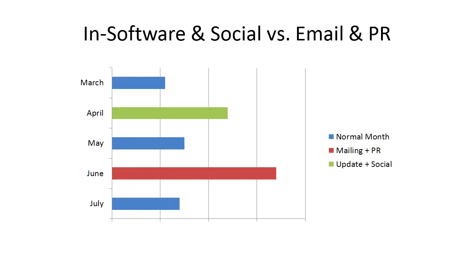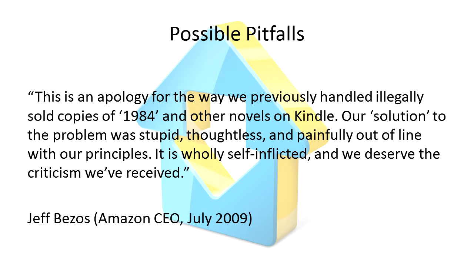So now let's look at some of the things that can go wrong. This is the Amazon Kindle, and as you may remember, what they did is things that people already had bought were removed remotely via the update mechanism.